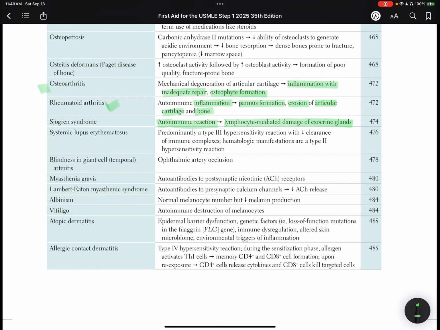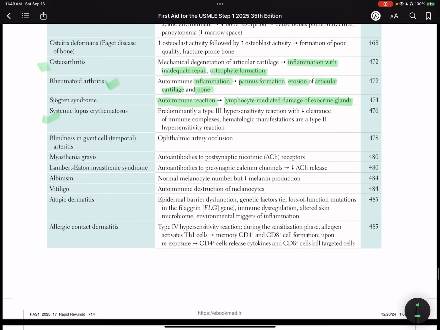Next condition is SLE, systemic lupus erythematosus.